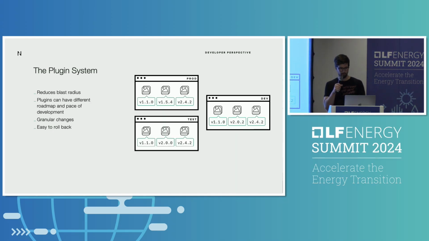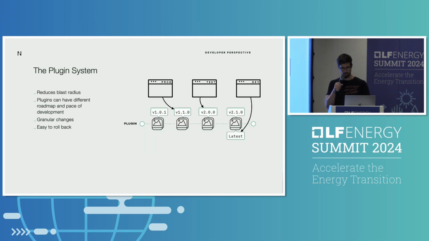Another advantage of the plugin system is that, for example, you can have totally different configuration for different environments. In this scenario, let's say we have a production environment, a test and a development environment, and you can have totally different configuration depending on where you are in the development process of a plugin.